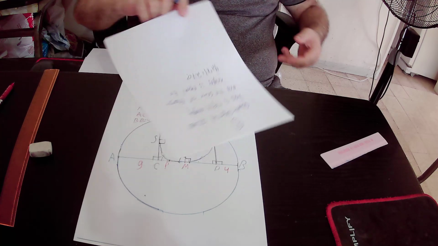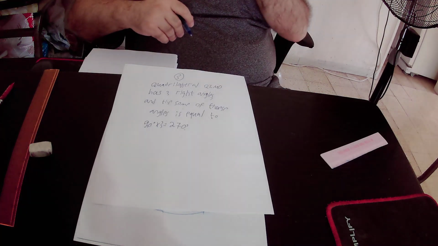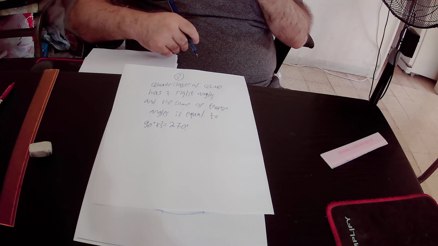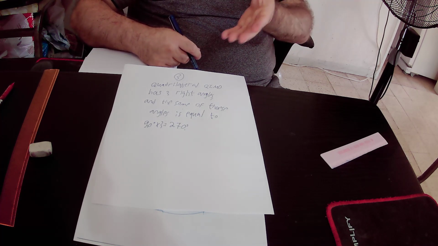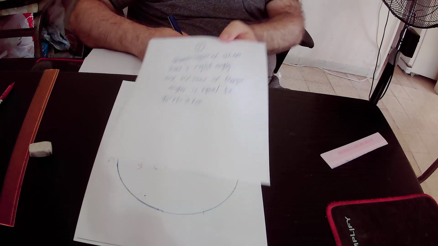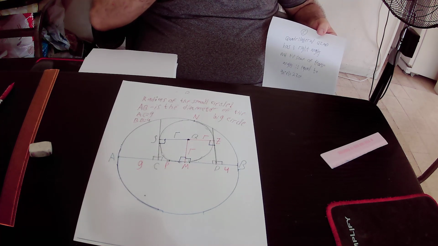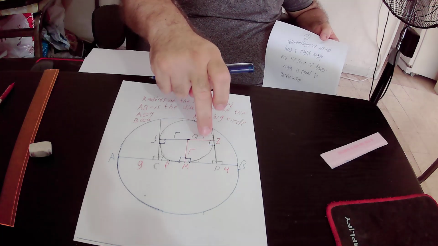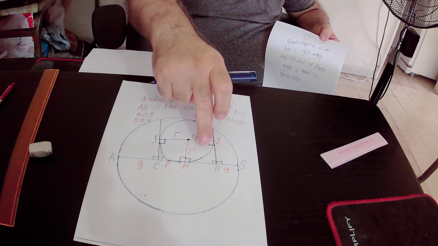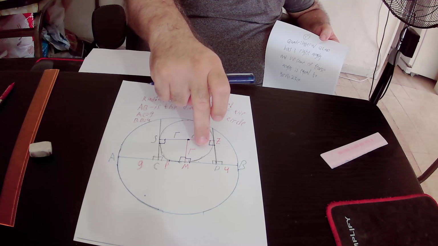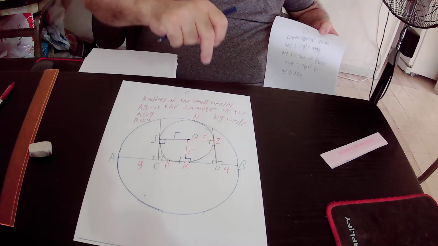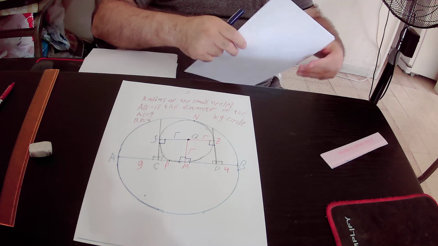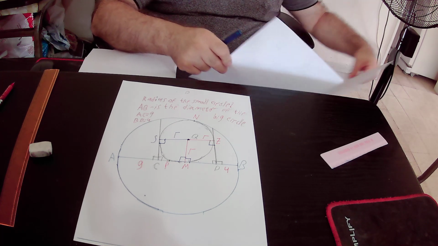Okay? Quadrilateral QZMD has three right angles, and the sum of those three right angles equals 270 degrees. This quadrilateral has three angles that the sum of them is 270 degrees.